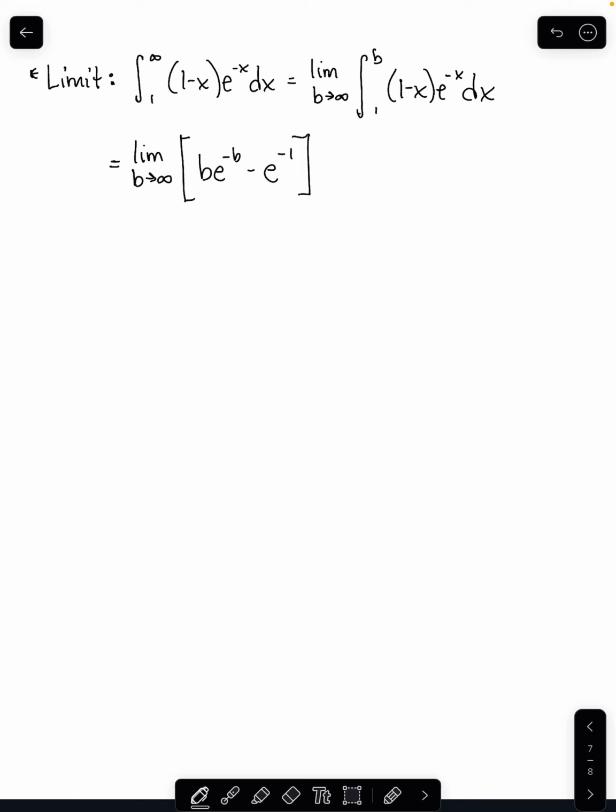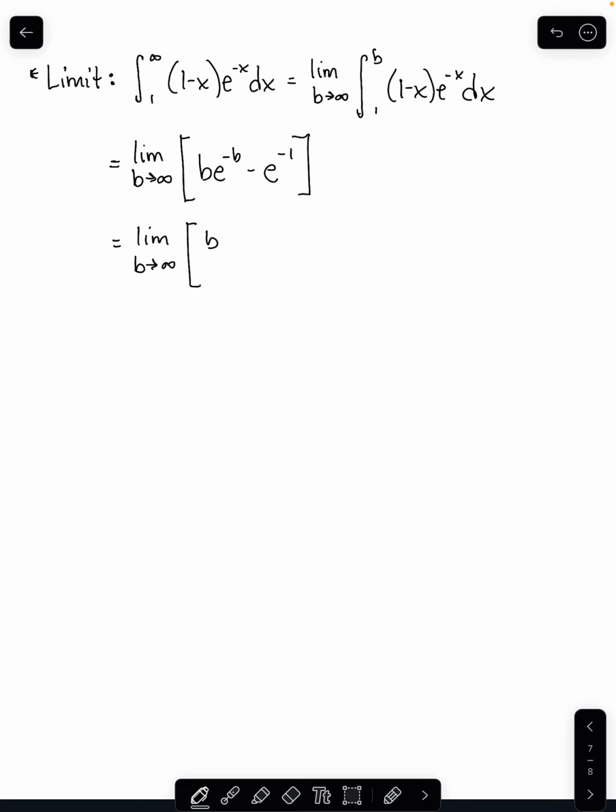It would perhaps be nice to be able to talk about each of these individually in terms of the limit. Because ultimately, it's only the first term that is affected by b approaching infinity.